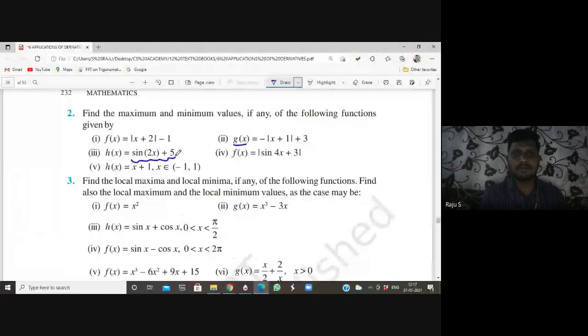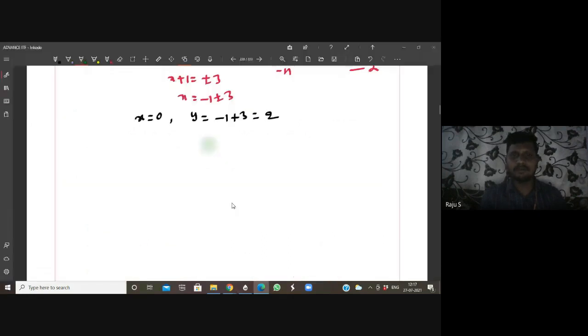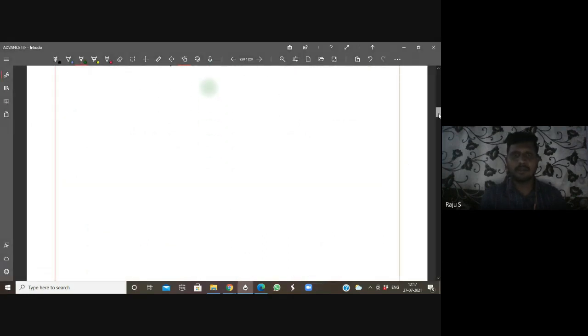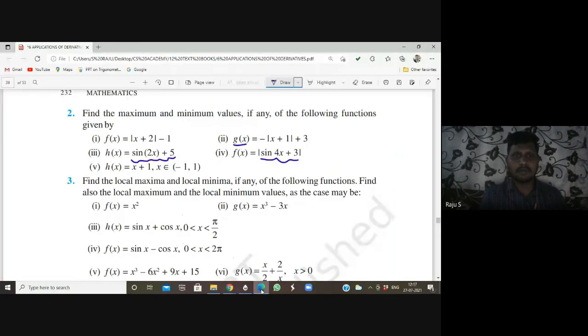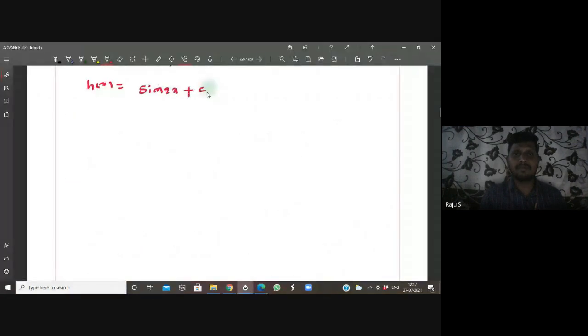Next, you can do these two. Like here, yesterday I already did. So in this question, h of x is equal to sine 2x plus 5.